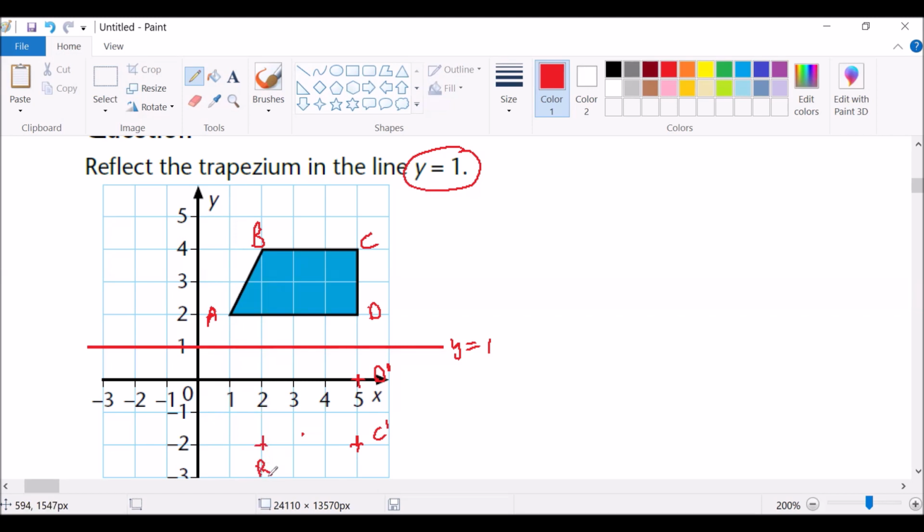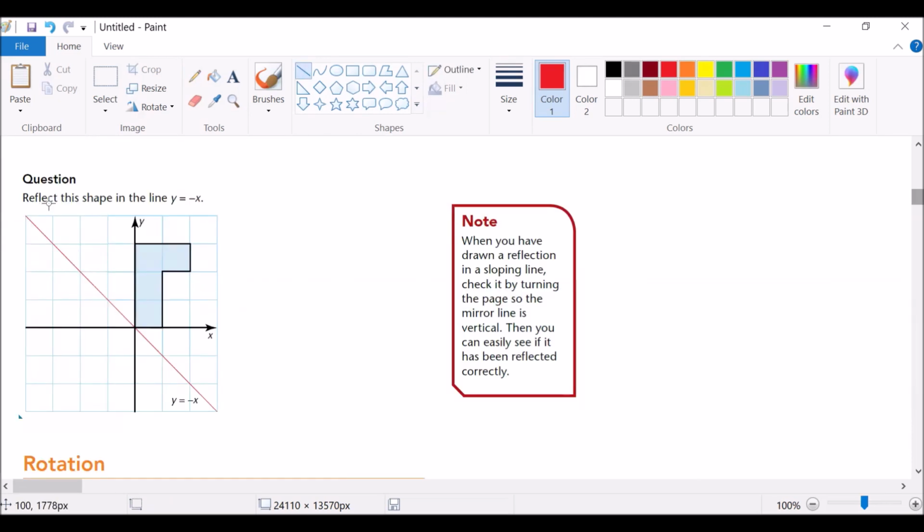This is our B bar. Then A is 1 from the mirror line, and on the opposite side we also count 1. Then we have our A bar. Now all we have to do is to join these points, A to D, B to A, C to B, and D to C. We have our object there and our image. That is our answer.